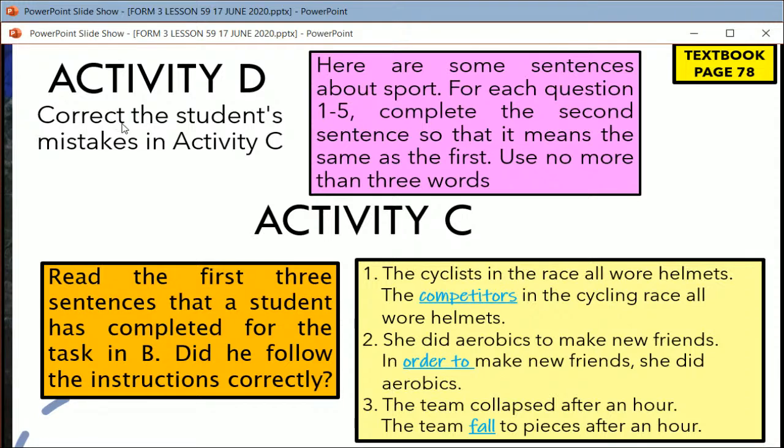We want to correct the student's mistakes. The meaning is correct, the tense is wrong. For number 1, do you think the word competitors should be changed or should be kept? Do you accept the answer, competitors?